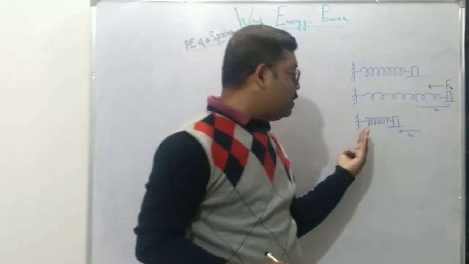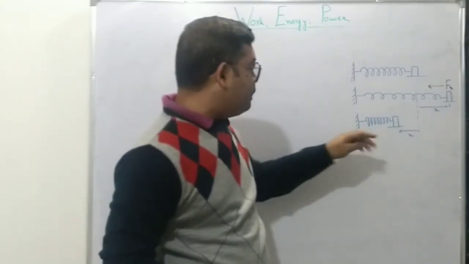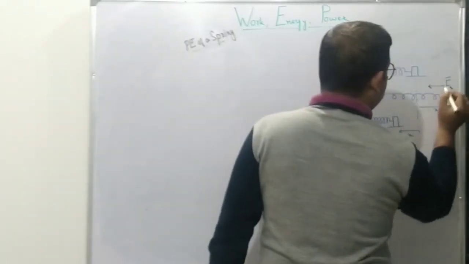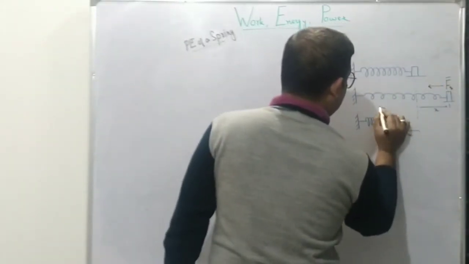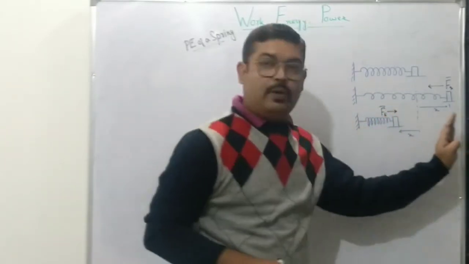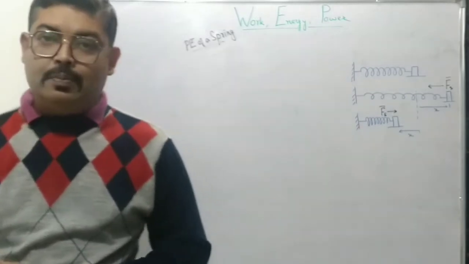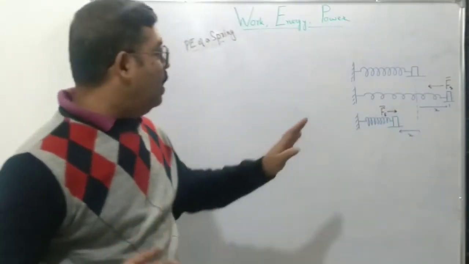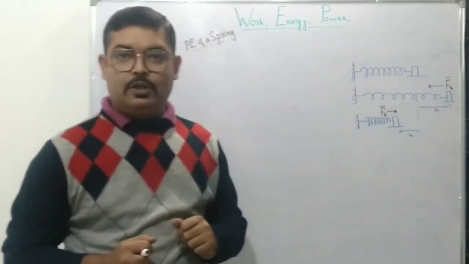Similarly, if I compress the spring towards the negative x direction, what will happen? A force will develop in the opposite direction, that is to say in the positive x direction, so that it wants to extend the spring to its main position, to its comfort position, that is the position where no force was applied to the spring.